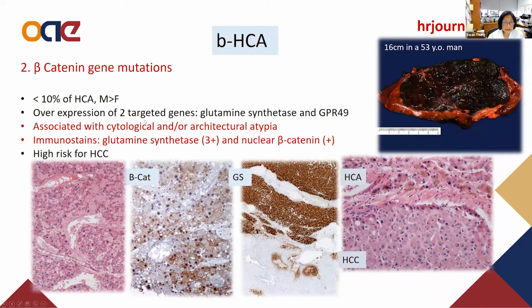There is overexpression of the two targeted genes, glutamine synthetase and GPR49, associated with cytological and architectural atypia. Cytological, as mentioned earlier, is also the pseudoglandular formation, more than 3 cells thick, and also small cell chains.